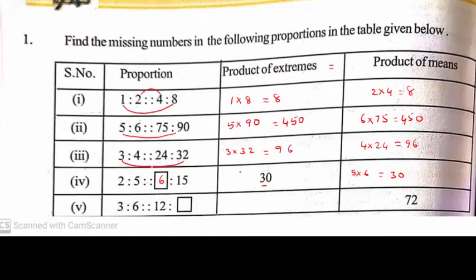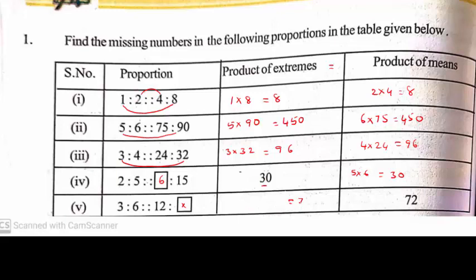Last sum. Here the extreme term is not given; the last term is x. The product of means: 6 twelves are 72. So 3 into dash equals 72.